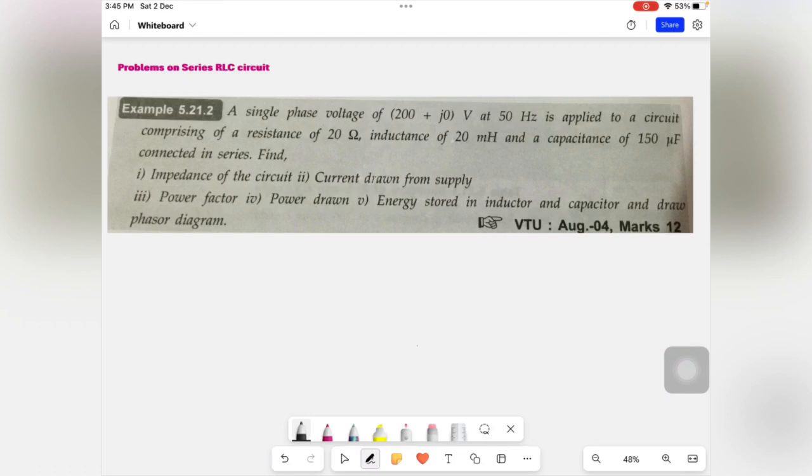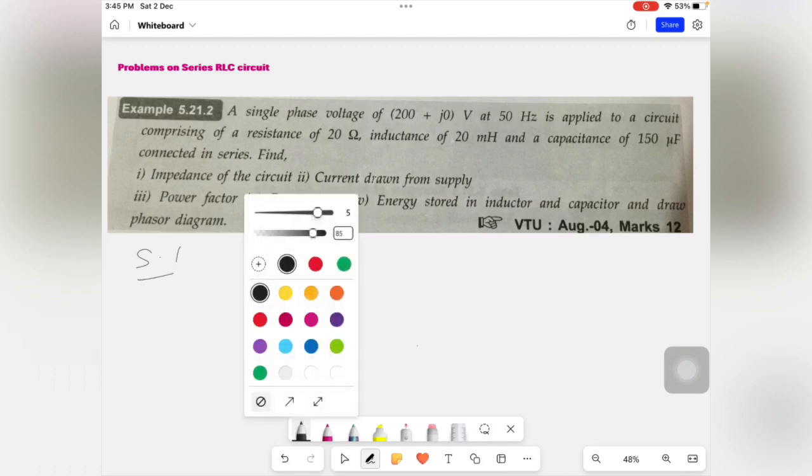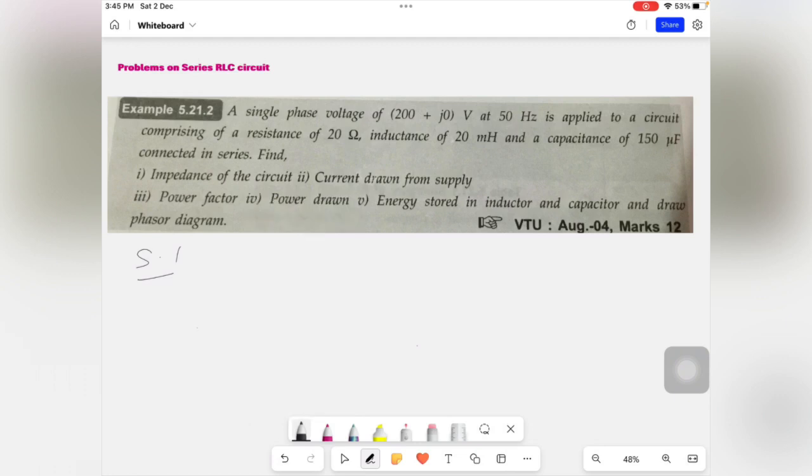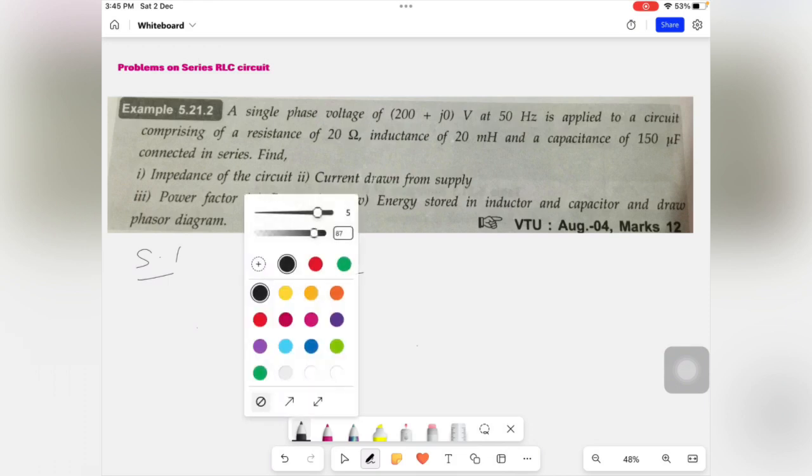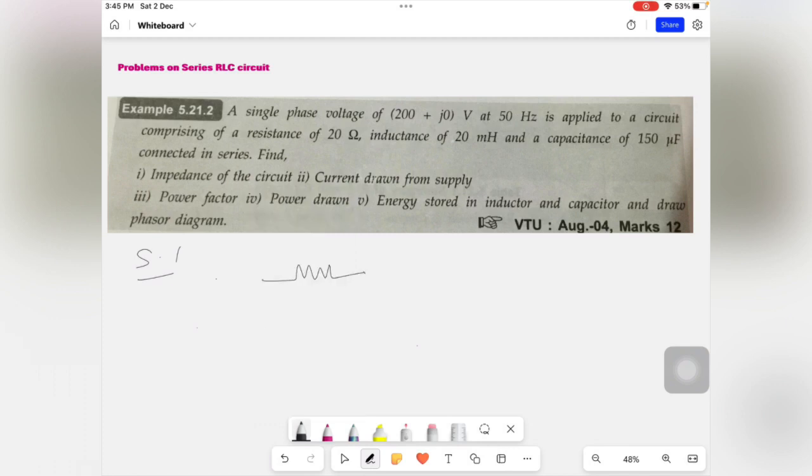So first, before solving the problem, we can draw the series RLC circuit. I will write the circuit, R, I will increase the font size for more visibility.